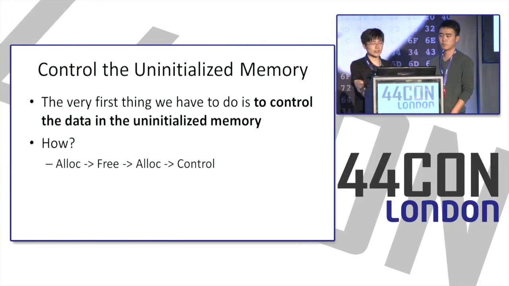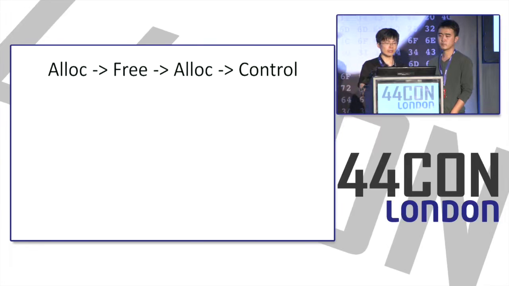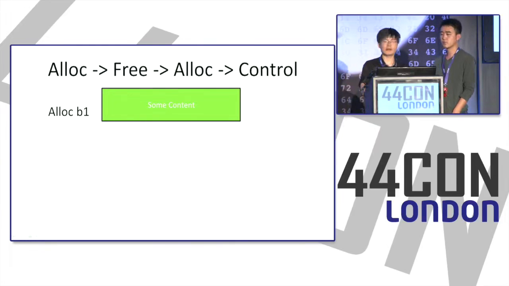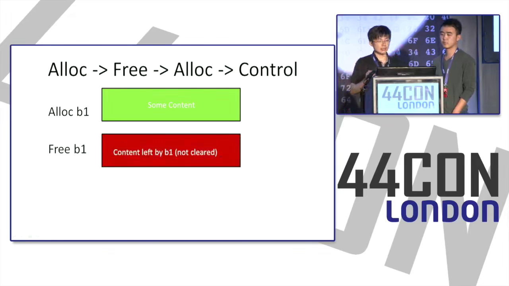First things first, to exploit an uninitialized memory bug, you need to be able to control the data of the uninitialized memory. And how? You can see we first allocate a memory block called B1 and fill it with our desired data. Next, we free B1. Note that although we freed the memory block of B1, the content of this memory block still remains in memory, which means we have a free block which contains the data we need.